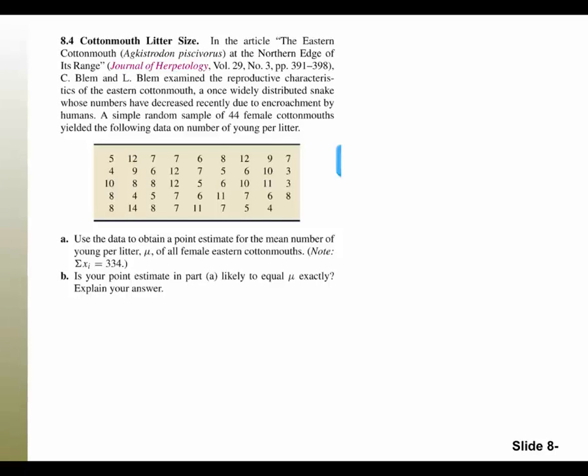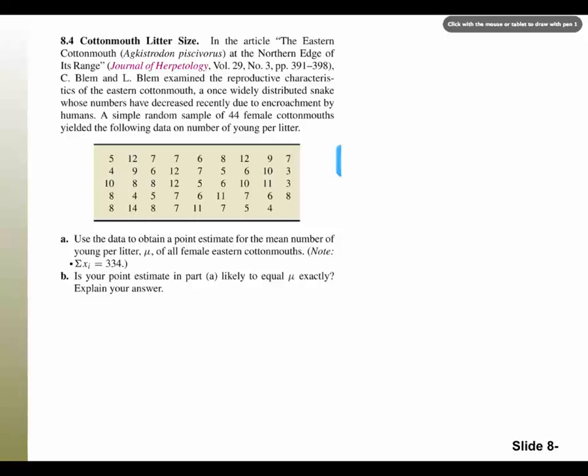So here is litter size of some snakes. A simple random sample of 44 female cottonmouths yielded the following data: the number of snakes in the litter. We want to use the data to obtain a point estimate for the mean number of young per litter of the population of all cottonmouths.